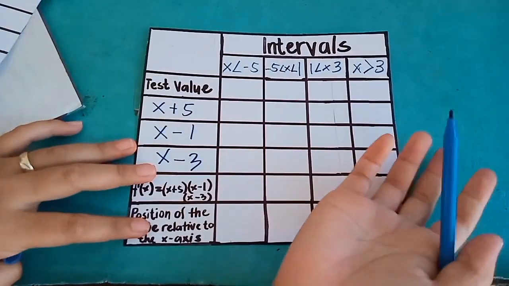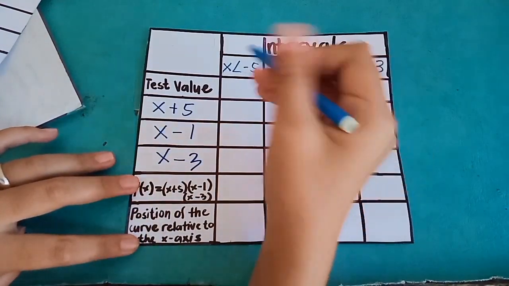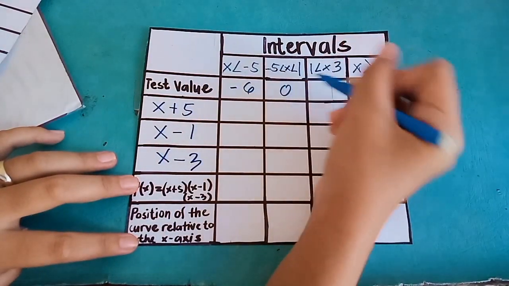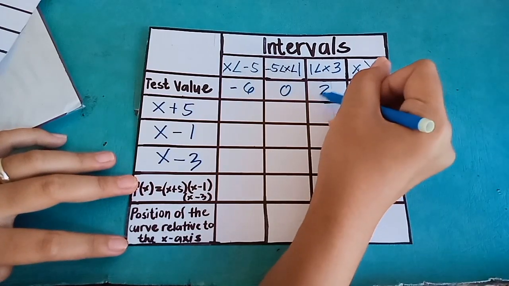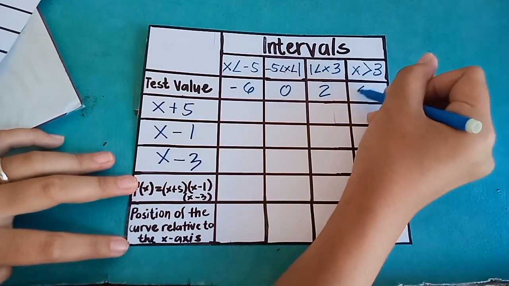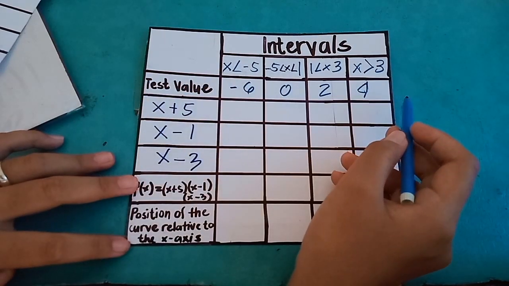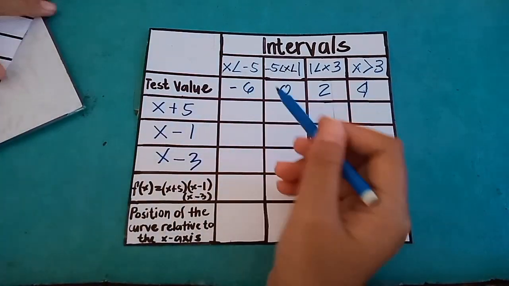So here we can get the test values. So we can use negative 6, 0, 2, and 4.